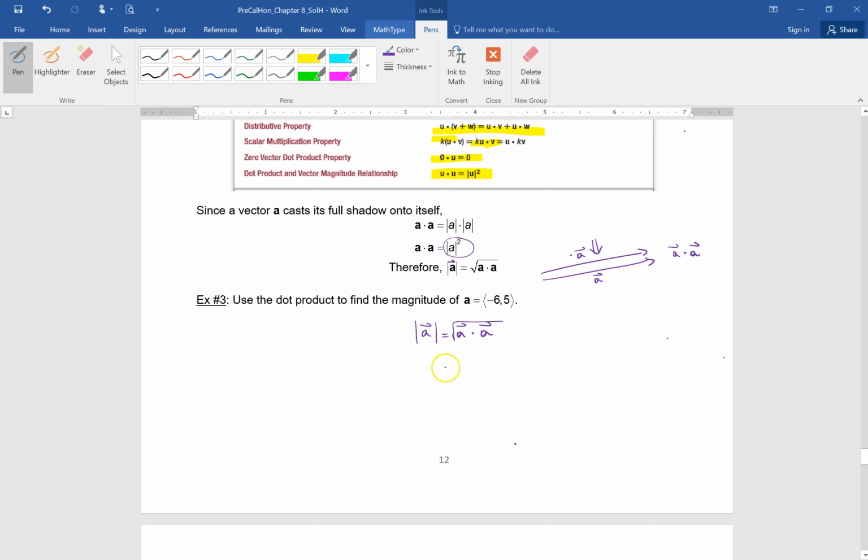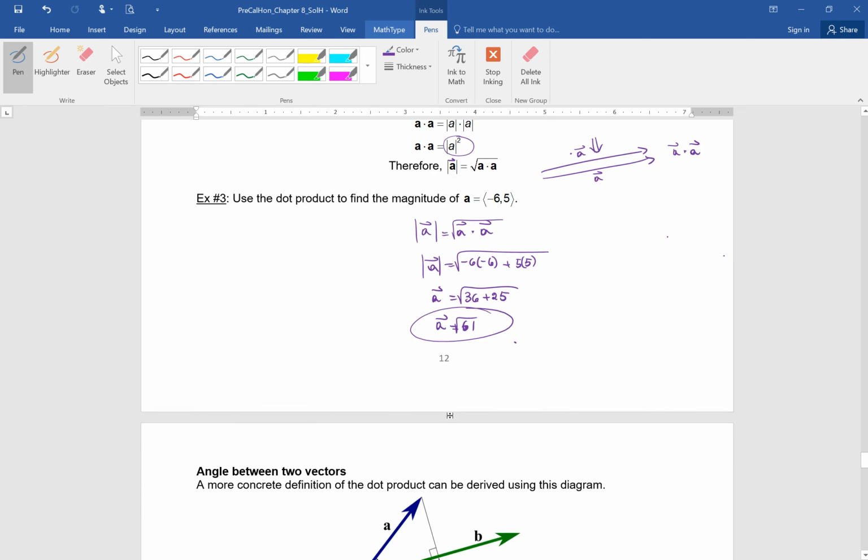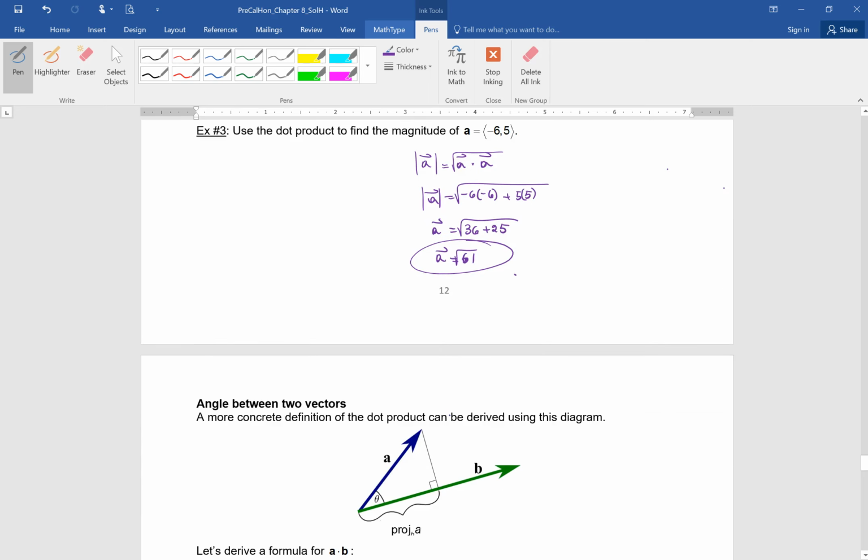So it's just going to be negative 6 times negative 6 plus 5 times 5 in a square root, which is 36 plus 25, 61. Oh, 25, sorry. Okay.